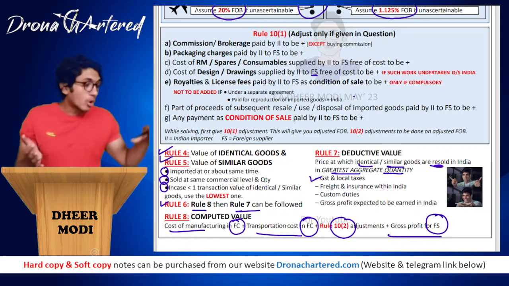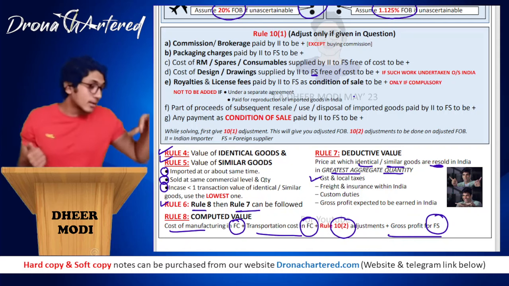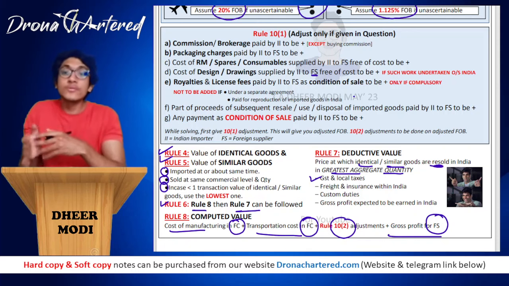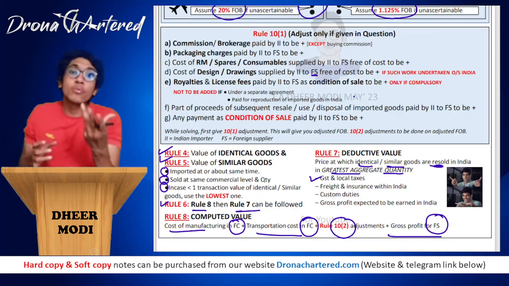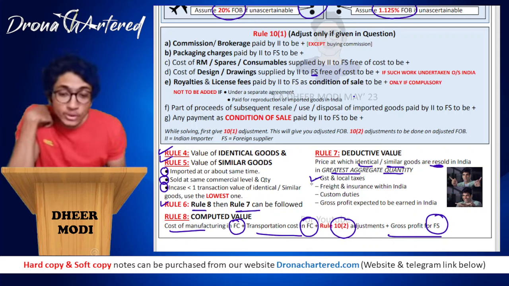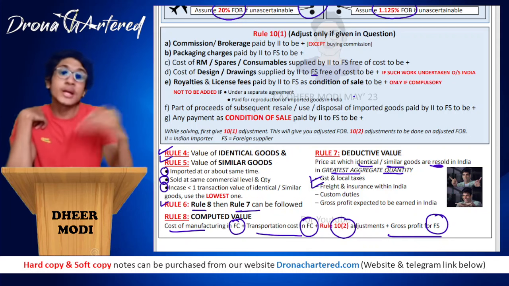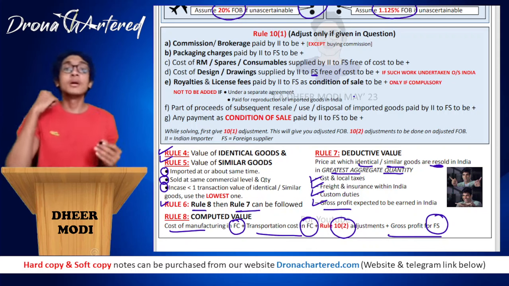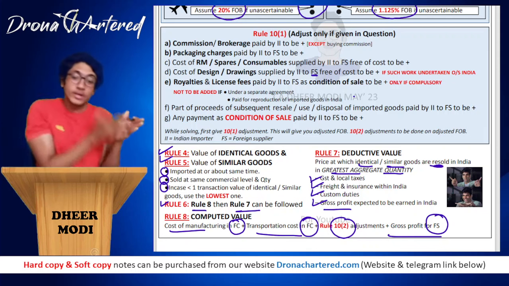So therefore all the expenses that are incurred to sell these goods, all of this will be subtracted, so that you get what the cost of these goods would have been when they were at the port. So you will subtract any GST, local taxes, any freight or insurance that have been paid within India, any customs duty that has been paid, any gross profit margin expected to be earned in India. So in this case, we are going in a reverse order.